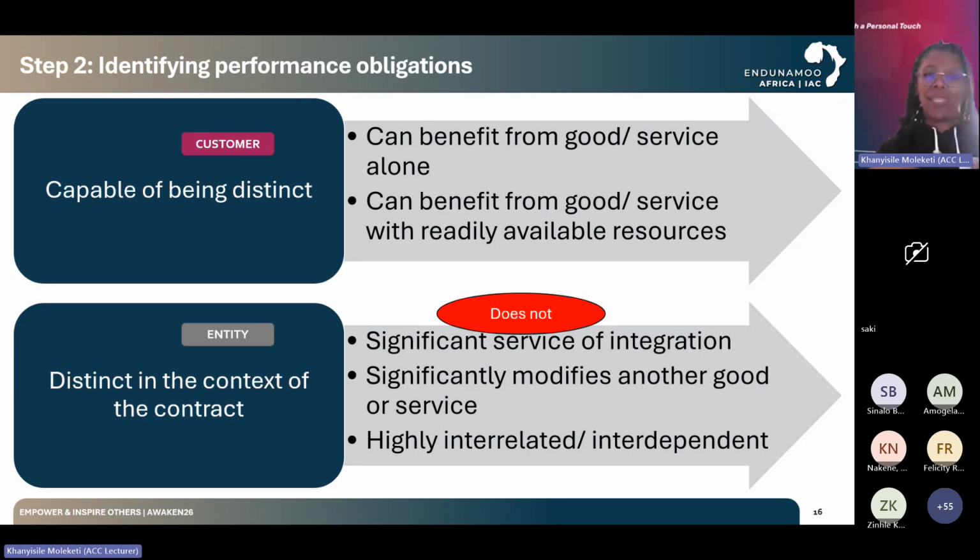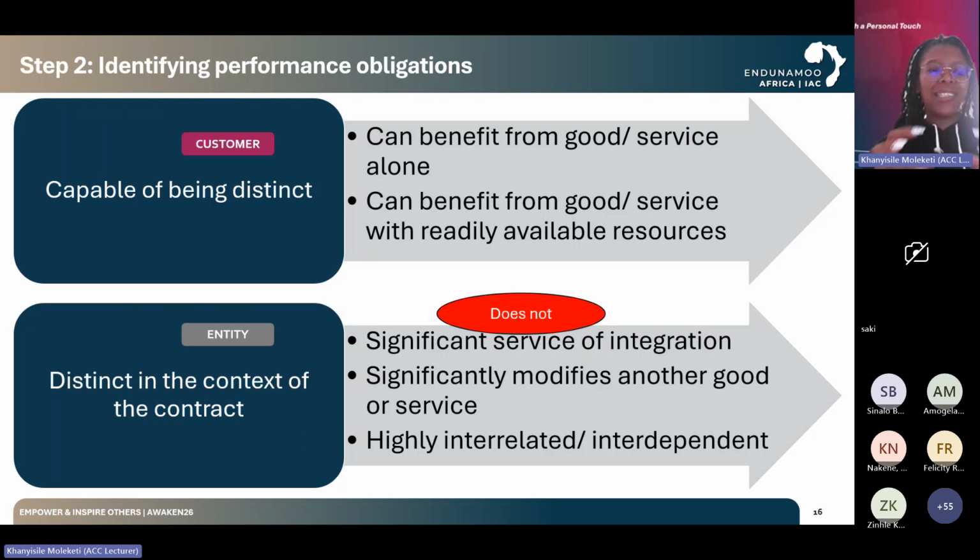I'm saying take the software, I can do installation if you want. In that case, no significant service of integration. However, as an example, if now I'm saying I'm not selling you the software and installation, I'm saying I am selling you a customized software program. So it's not an off-the-shelf software. It's software specifically designed for you, perhaps.